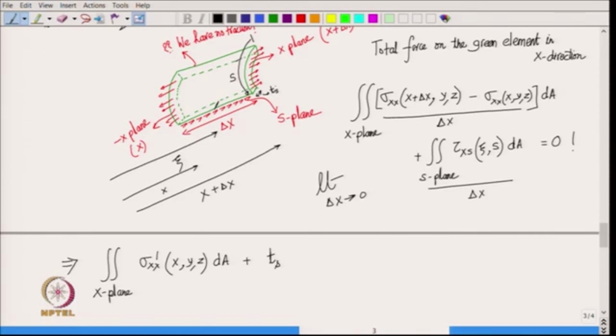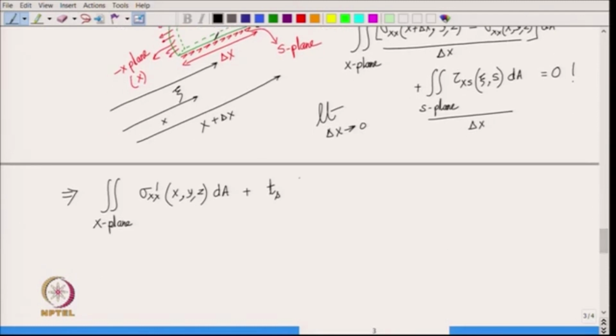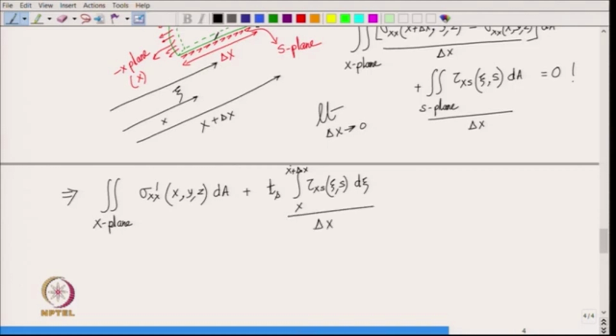So, T s could be changing. So, we have T s and then integration from x to x plus delta x tau x s zeta comma s d zeta, and then we also divide by delta x and take the limit as delta x goes to 0 and this is equal to 0.